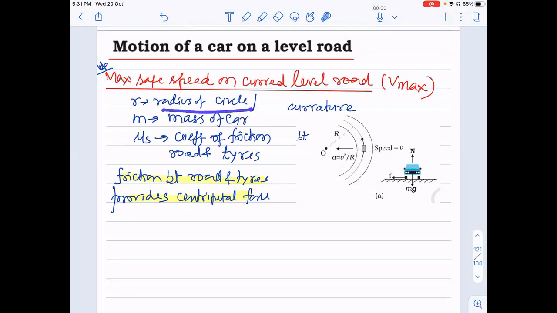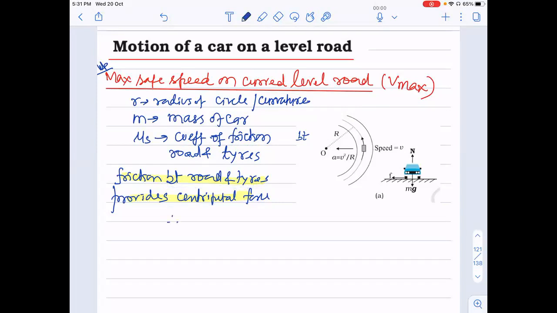So if r is the radius of the circle, sometimes we call it the radius of curvature. We say circle or curvature, both the names are there. Okay. m is the mass of the car. Mu s is the coefficient of static friction between road and tires. Now the friction force between road and tires provides the required centripetal force.